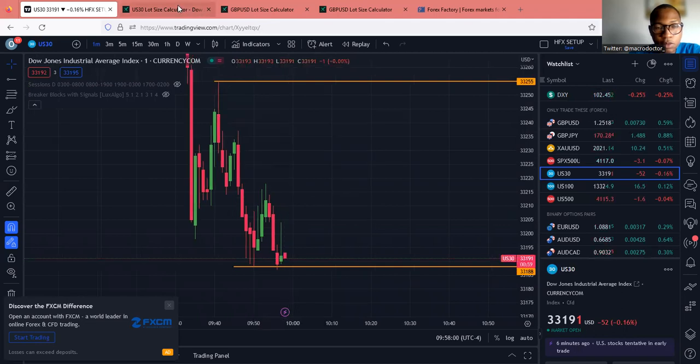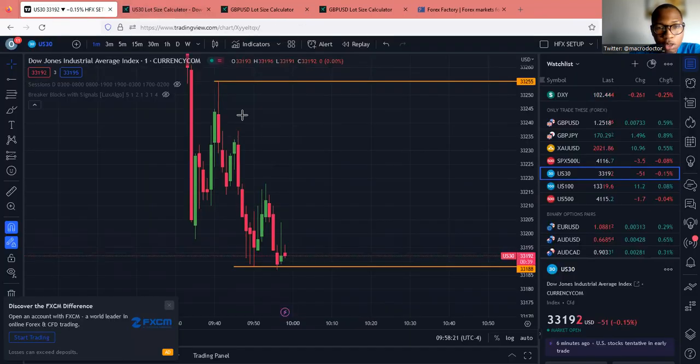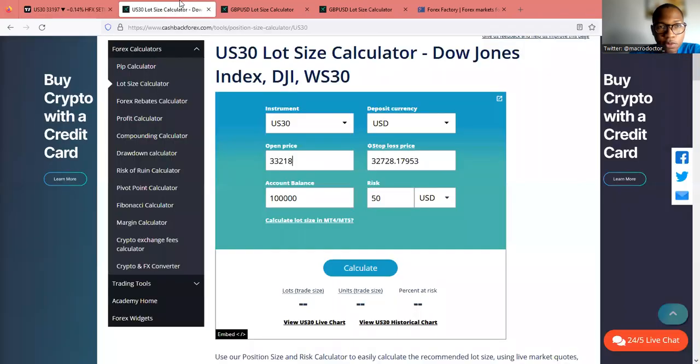In case you're wondering what this app or website is, it's how I calculate my lot size. Okay, so I'm risking $50 on each trade. Entry 33218, and this is 33187.